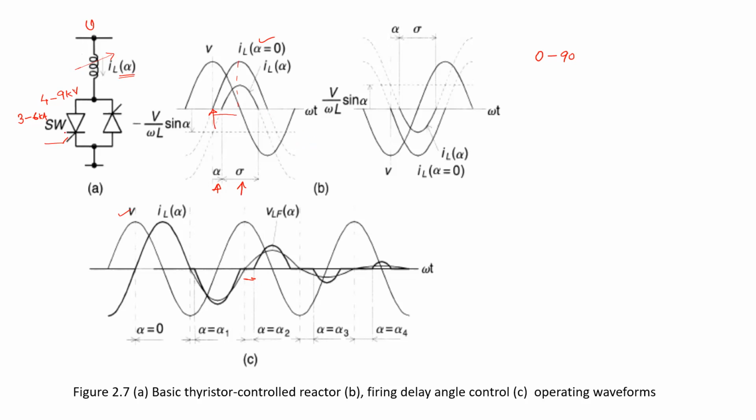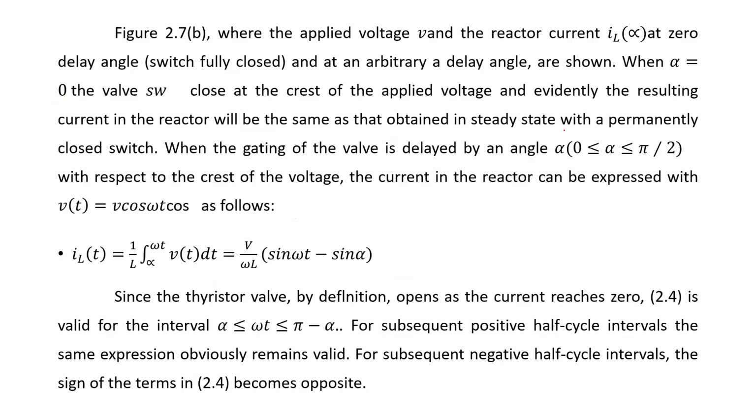Therefore, one can make the thyristor controlled reactor, where the reactor current can be controlled by changing the angle alpha. If the angle alpha is equal to 0 or alpha is equal to 90, under such condition, the conduction becomes 0 or full, and it becomes a thyristor switched reactor. So this is the review of the first part.